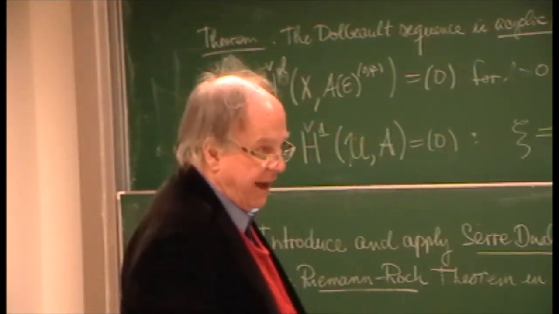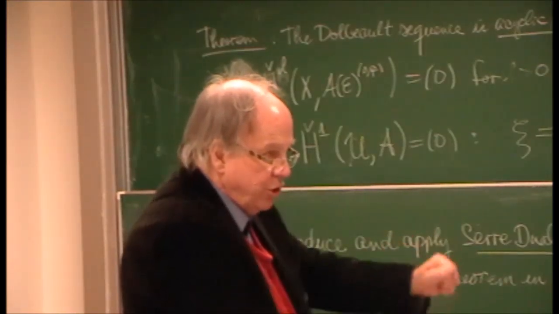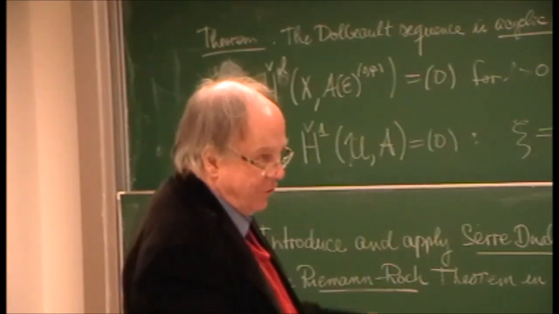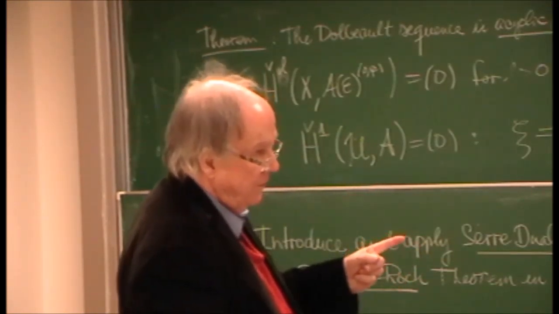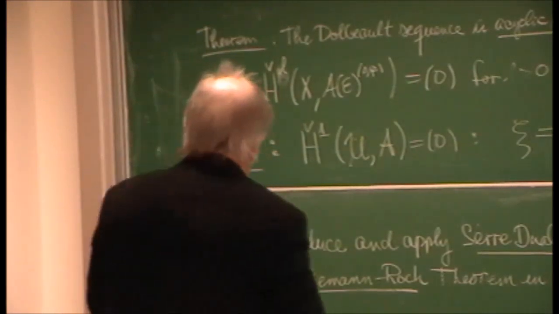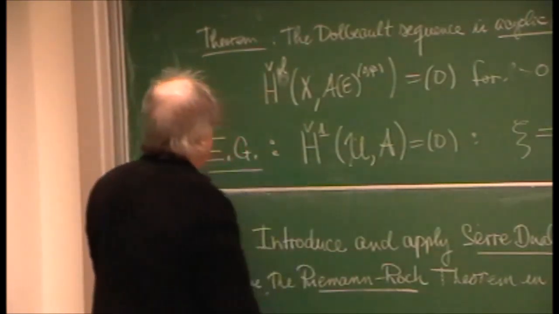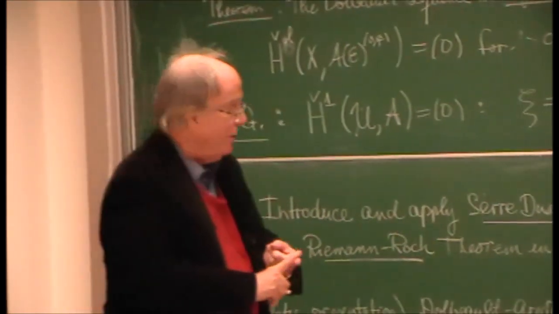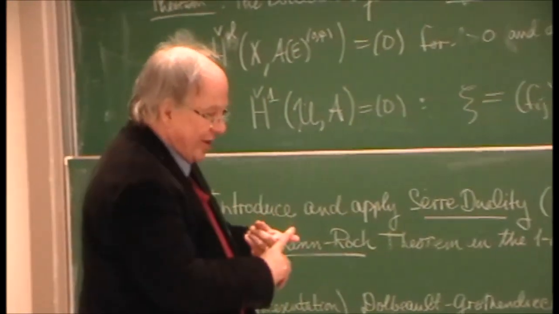Use the French word flasque, where you can push the functions around by cutting off and doing stuff. You can have an argument like this always. Okay? And so these things always vanish. And that is the other key ingredient. So d bar squared is 0. Locally it's exact.